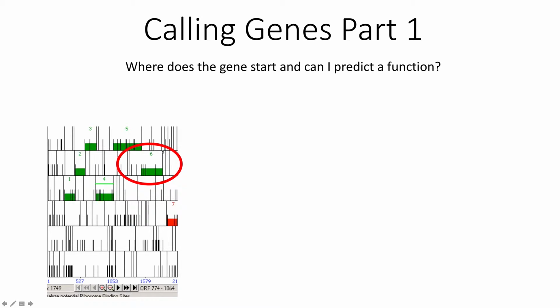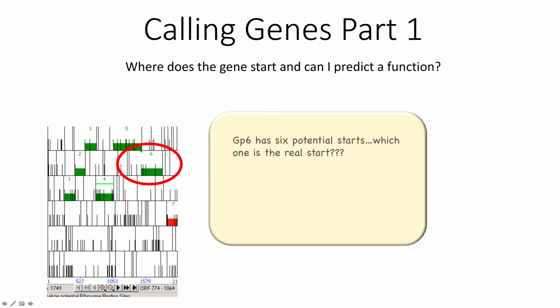Here I have circled the sixth open reading frame that was predicted in a phage genome. This sixth gene, GP6, has 6 potential starts. The green bar shows the open reading frame predicted by either Glimmer or GeneMark.